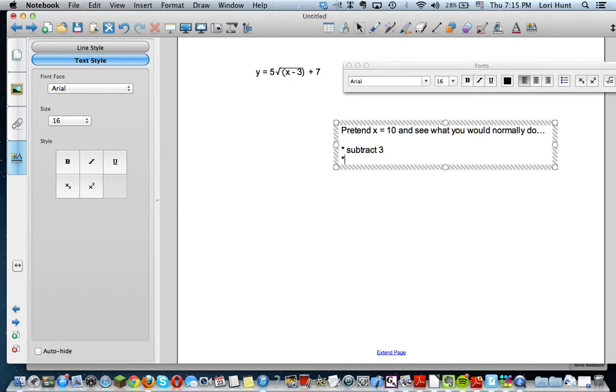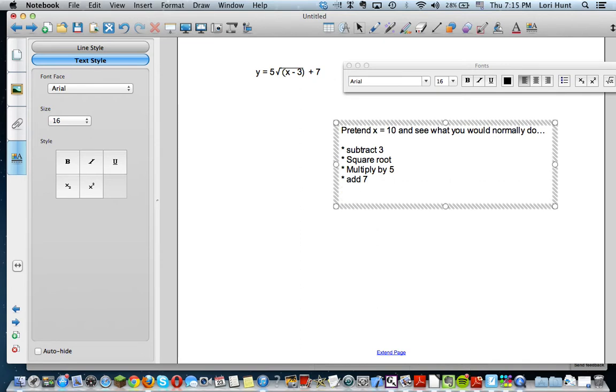And then the next thing I would do is take the square root, because I'd have a number and I'd be able to take the square root. And then I'd multiply by 5. And then I would add 7. And then I'd be done with the problem.